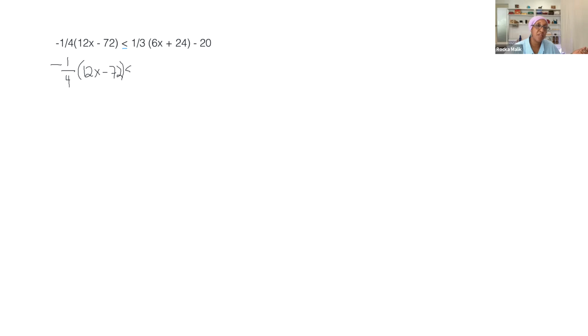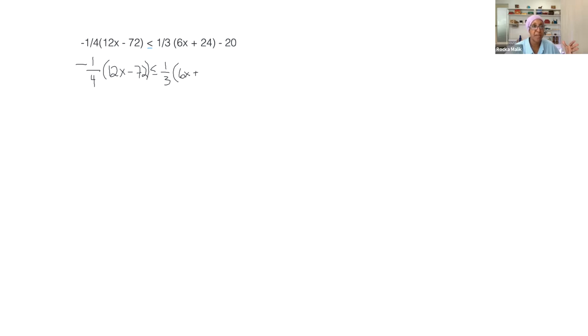Well, you could multiply 1/4 by these things as long as they're divisible by 4. Or you could take the whole thing and multiply it by a number that works for 3 for your problem. The problem is, oh my gosh, I have a fraction here, and I have a fraction here.